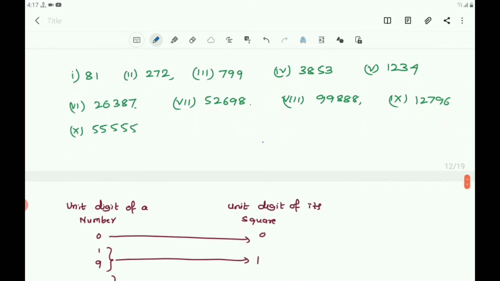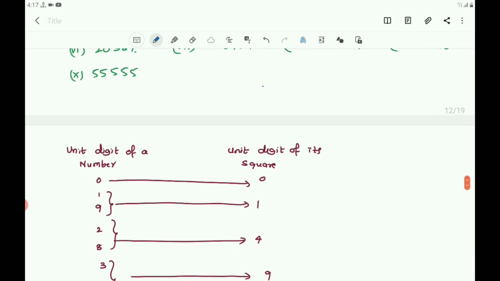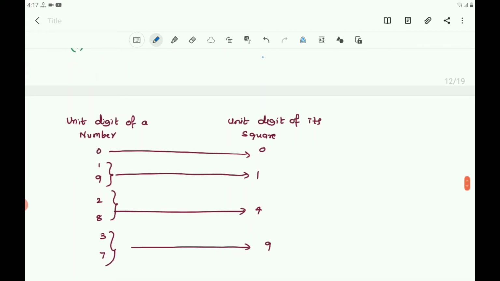Let us revise it. If the unit digit of a number is 0, then its square has the unit digit 0. If the number has 1 or 9, its square has 1 in the unit digit.